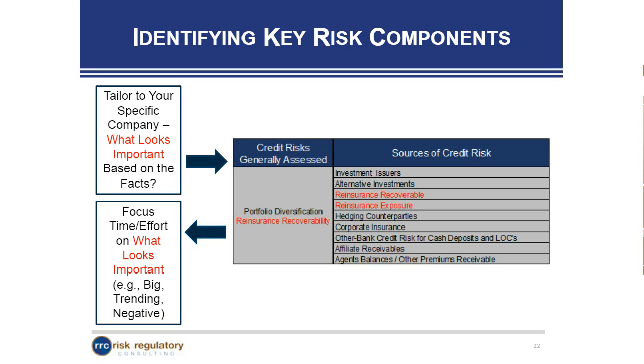Risk from banks, including your normal deposits and any other kind of deposits with the bank, affiliated receivables and agent balances. Each of those receivables that you have is a source of credit risk.